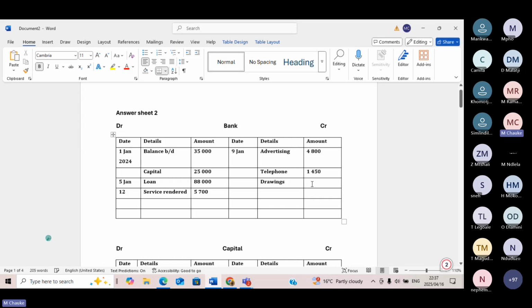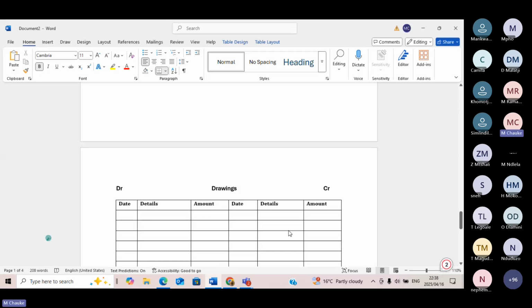of 2,400. And then you go back to the drawings account down there, and on the drawings account, it happened on the 23 January.